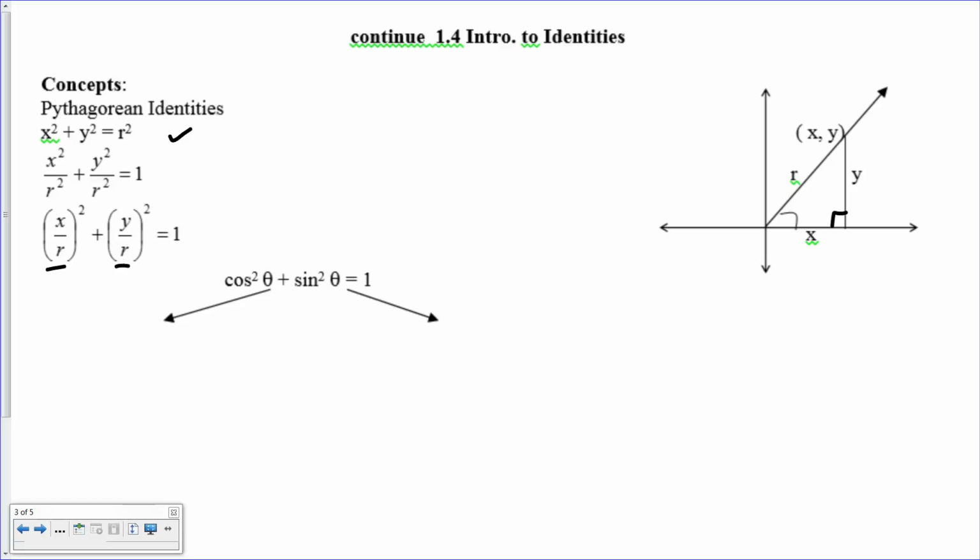So I can rewrite this as cosine theta squared, and I can write y over r as the sine theta squared, and start with this main identity. Again, don't lose track of the main points here. The main points are in the box. The supportive material is off to the side.